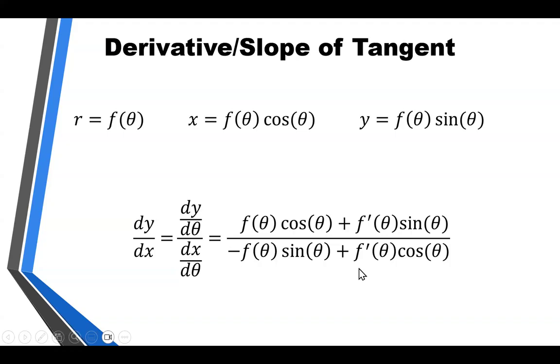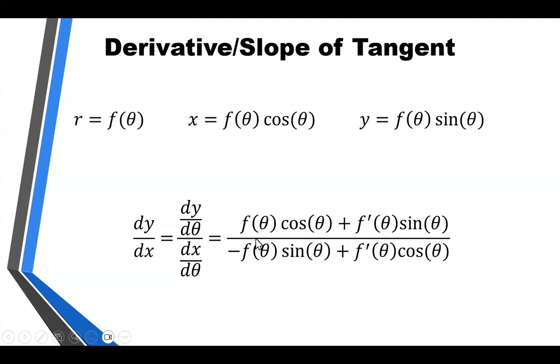We're going to use the product rule, but this time on the x. So normal f times the derivative of cosine is f times negative sine. F prime times normal cosine is f prime times cosine. Some people think of this as doing product rule of this x function in the denominator and product rule of the y function in the numerator.